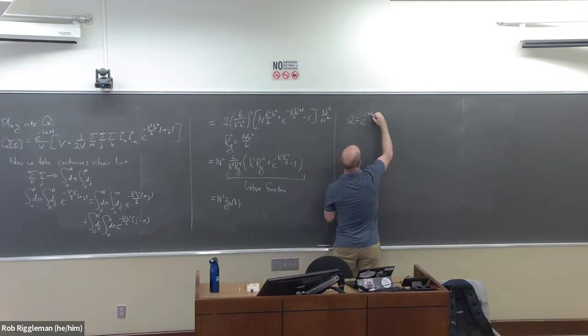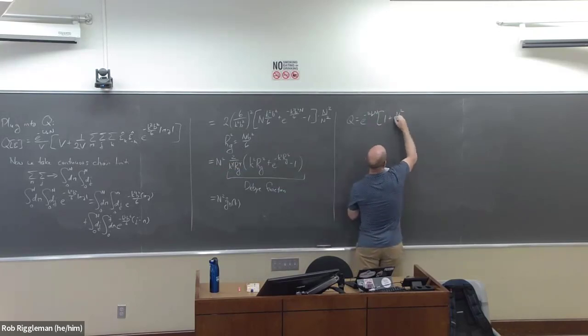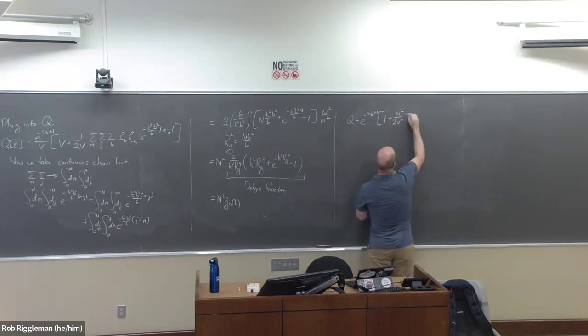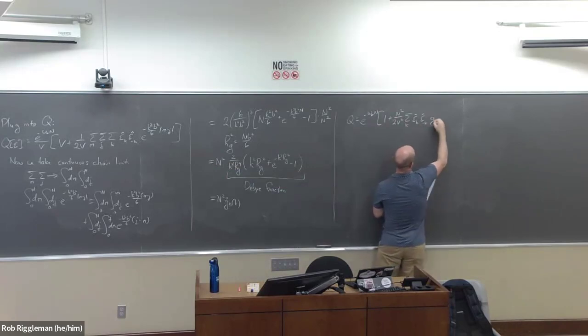E to the minus W star N, 1 plus N squared over 2V squared. Then the only thing we have left is the sum over k of epsilon minus k hat G hat D of k.